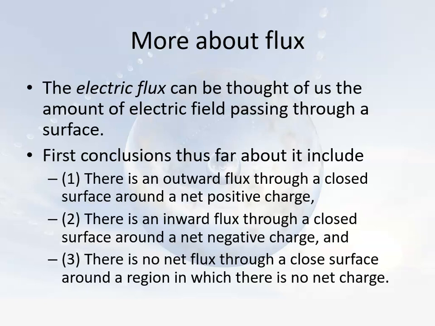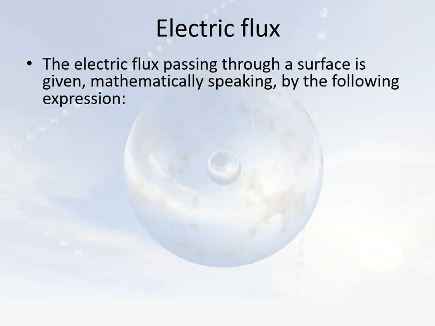And if there is no charge inside of your surface, then there will be no net flux. That doesn't mean that electric field lines can't go through your surface. It just means that any electric field lines that do pass through your surface are also going to pass back out the other side. That's an extremely important realization that we're going to make use of later in this discussion.